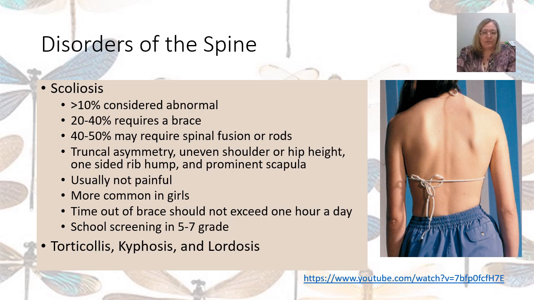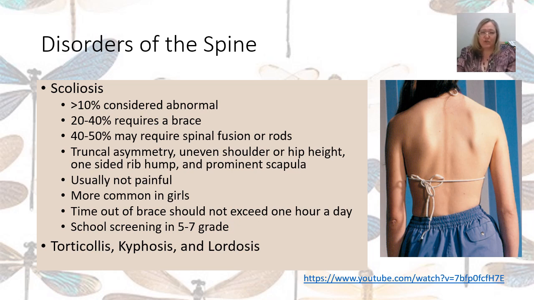And so if you're up to 10% but not over, that's considered a normal deviation of the spine. And if you're over 10 but less than 20, that's abnormal, but they won't necessarily do any intervention. If it's 20 to 40%, it will require a brace, and like we said earlier, that's 23 hours a day in the brace.